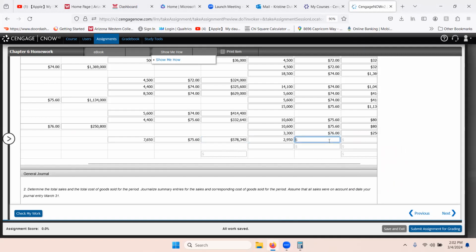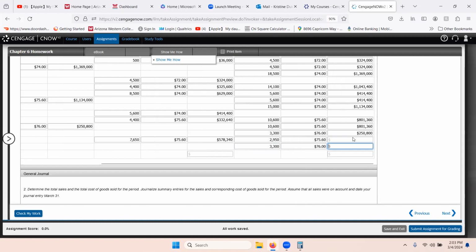And this is 75.60, 75.6. And this one is going to be, I can't remember what it is, 3,300. Tab at 76, which we'll move over in just a sec. Okay. That's going to be 250,800.